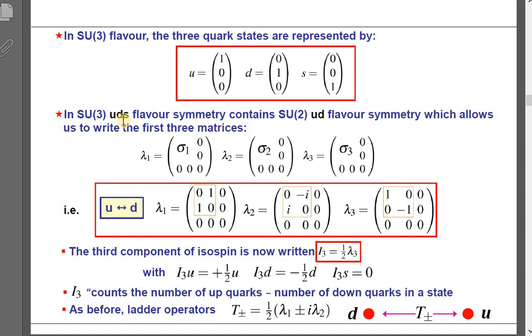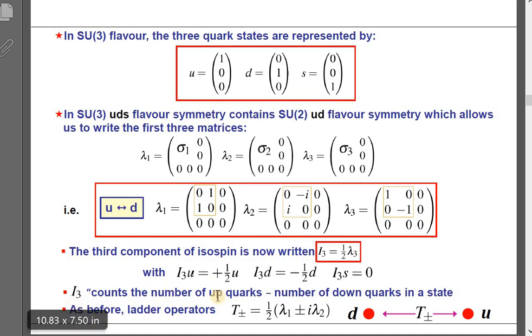And then in this SU3, the uds flavor symmetry contains the SU2 ud flavor symmetry, which allows us to write the first 3 matrices, lambda 1, lambda 2, lambda 3, like this. Okay, you see here. The third component of isospin is now written as this: I3 equal to half of lambda 3 with the following property.